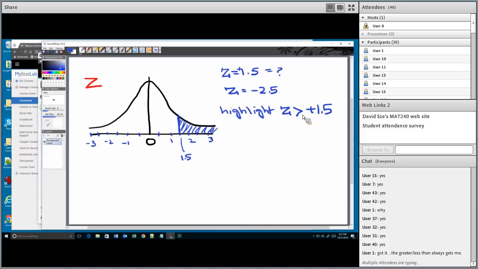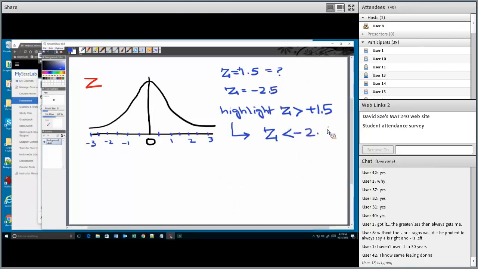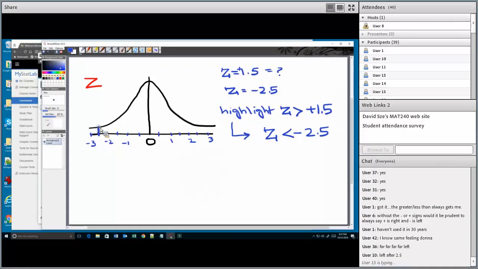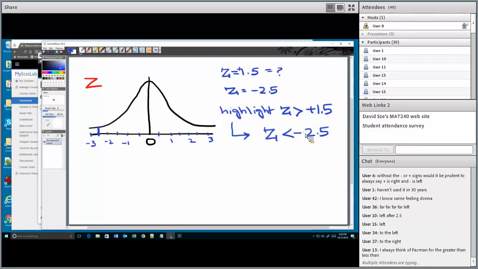Okay, excellent. Now how about we highlight z less than minus 2.5? So minus 2.5 was here. Which area am I highlighting now? Brian, be careful. I need less than minus 2.5, not plus 2.5, right?